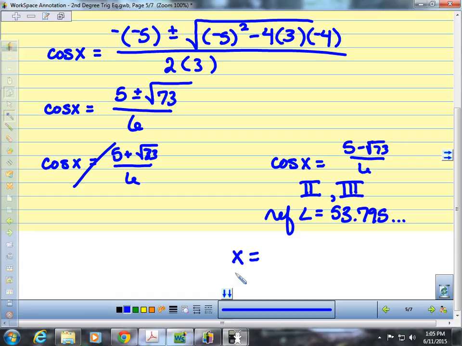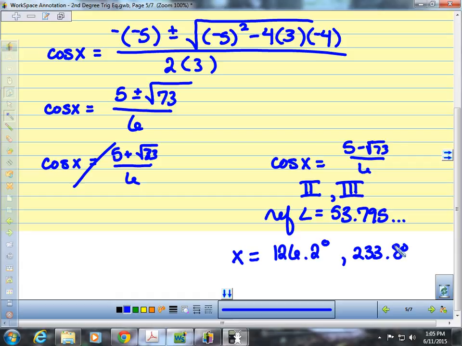The plus will put us into quadrant 3. 180 minus that is 126.2. And how do we put it into quadrant 3? Add 180 to it. So what's 180 plus that, rounded to the nearest tenth? 233.8 degrees.